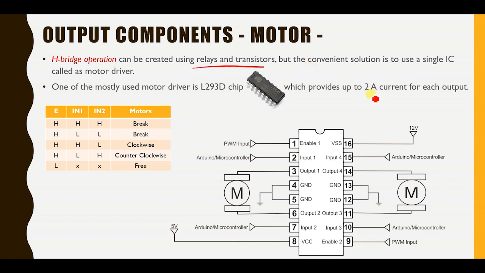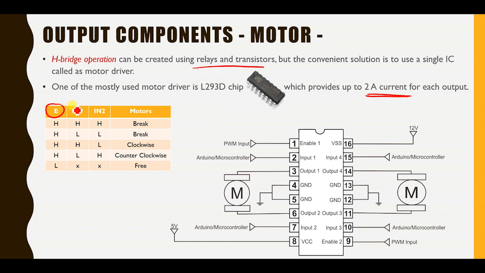It provides up to 2 amps of current for each output. Here we have three wires, or three connections, that you can make from the microcontroller.